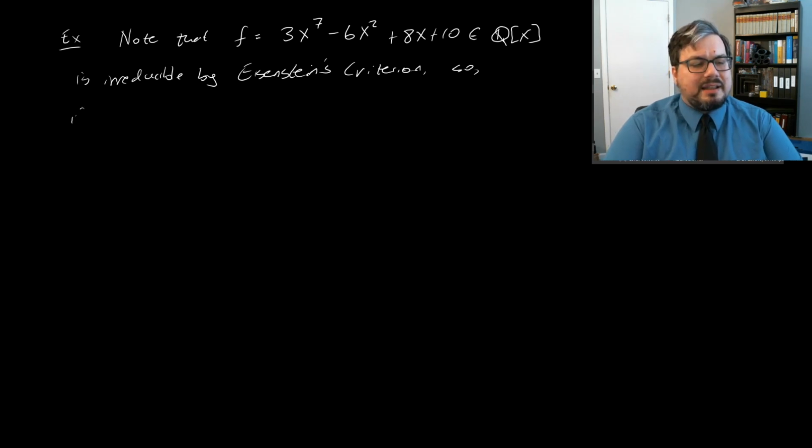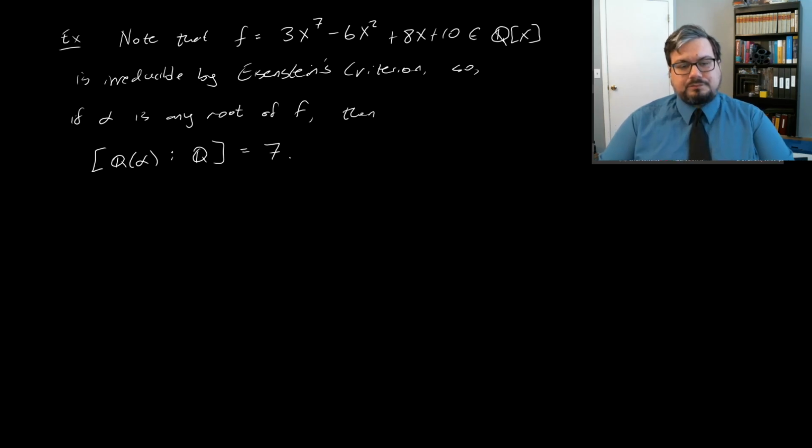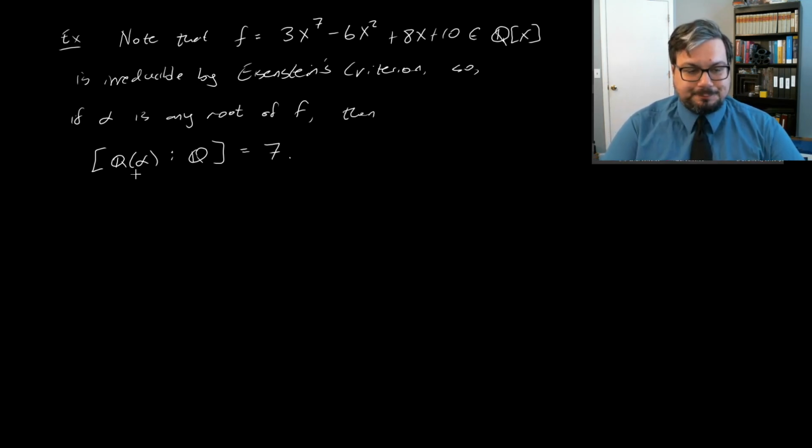So that means that if alpha is any root of f, then the field extension Q(alpha) over Q has degree equal to 7. f is not quite the minimal polynomial, but if you just divide everything by 3 here, then you will get the minimal polynomial of alpha.